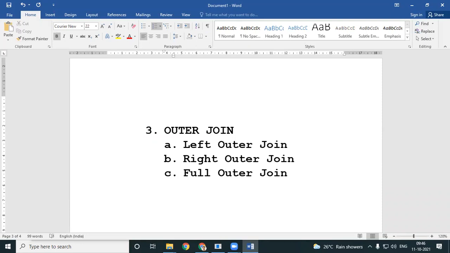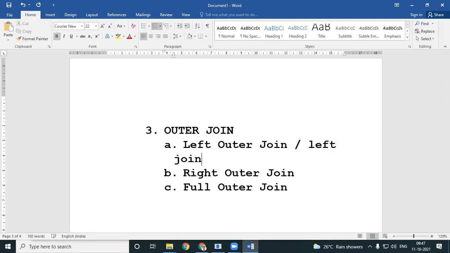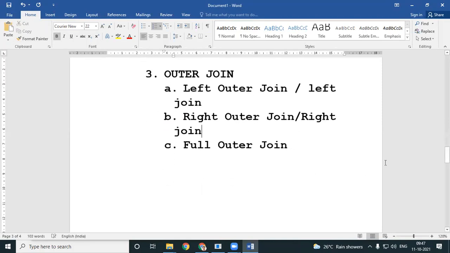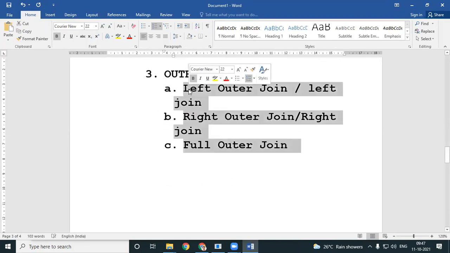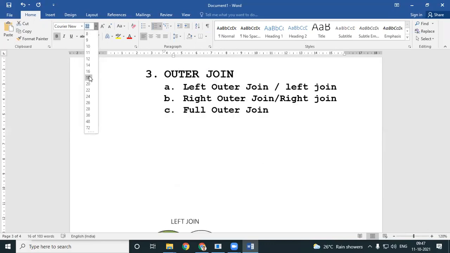Outer join is three types. Left outer join, or it is even simply known as left join. Right outer join is known as right join. Okay. So these are the three kind of categories for outer join. Now we'll see the first one, left outer join.